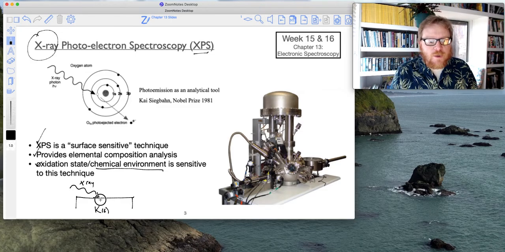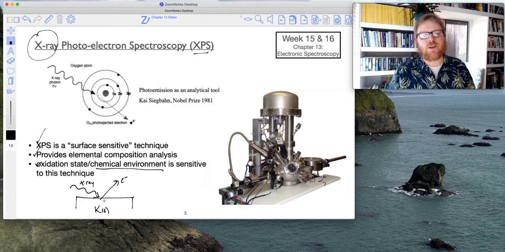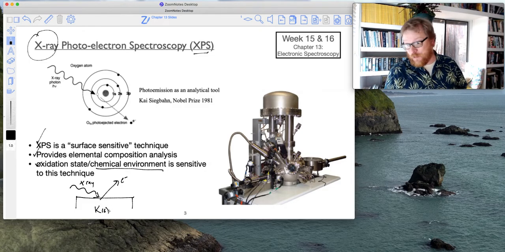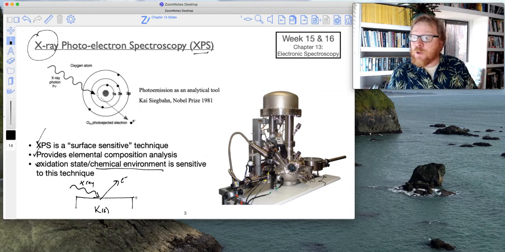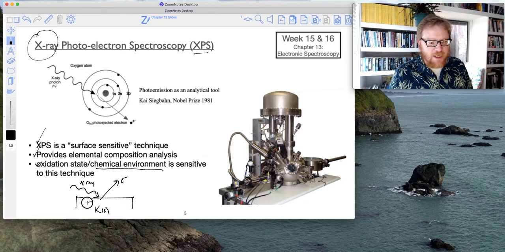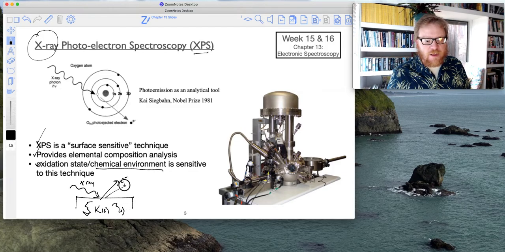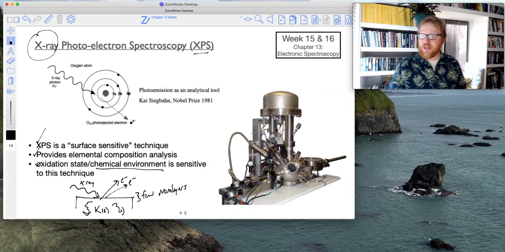However, the only photoelectrons that make it to the detector are those originating from the surface, a couple of molecular layers. Some electrons will diffuse down into the surface and we never see those in the detector. The electrons that make it out are only coming from a few monolayers, just a few molecular layers.